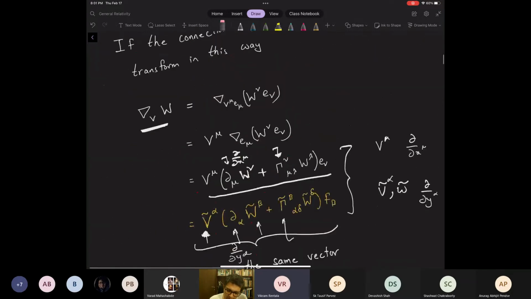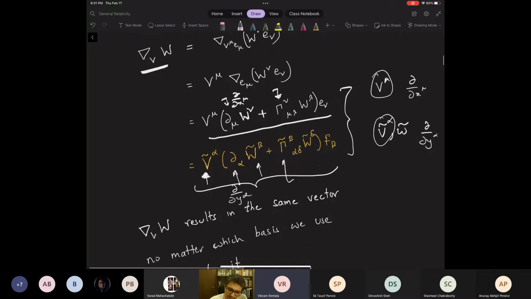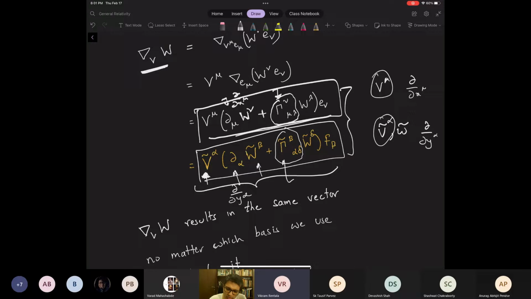What you can argue is the relationship between the old vector coefficients and the new vector coefficients. If you follow this rule for the transformation of the connection, the one that we just derived, then you can convince yourself that this vector is identical to this vector. These two vectors are exactly the same. They're just expressed in different bases.